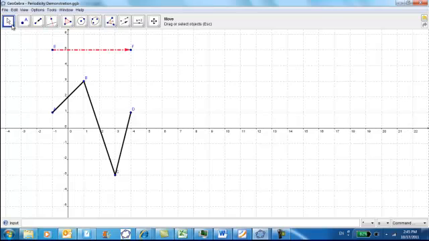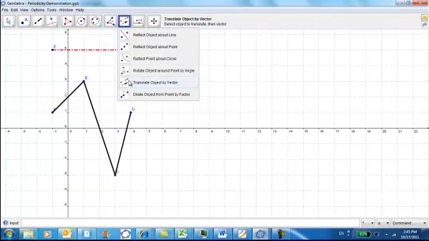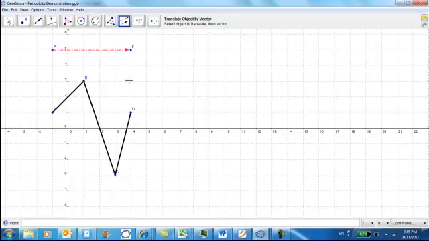So we can make a copy. We can highlight the entire graph and then translate object by vector. So I select an object, this object, I select this vector.